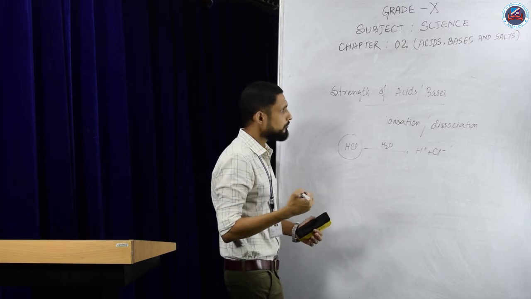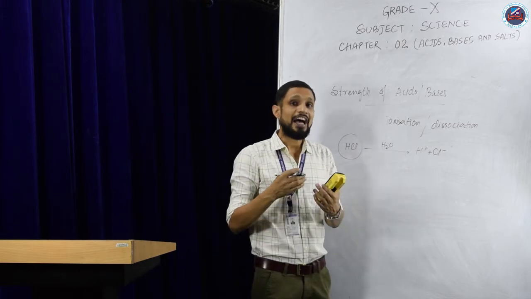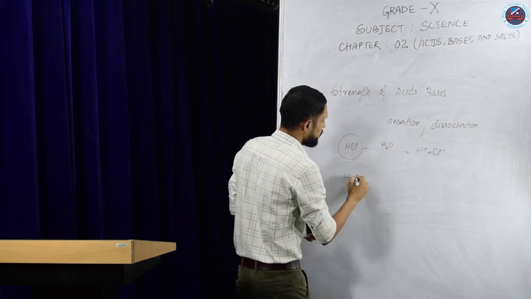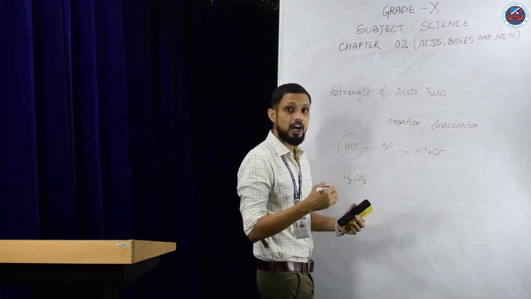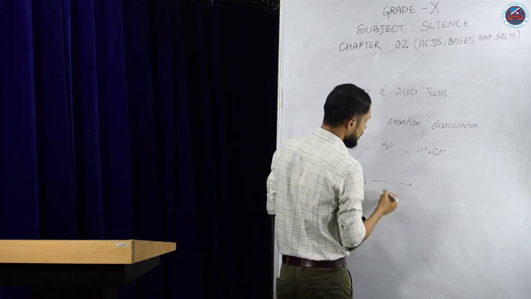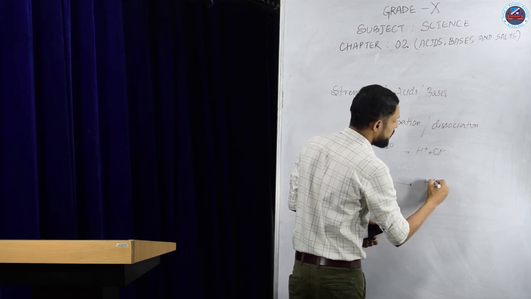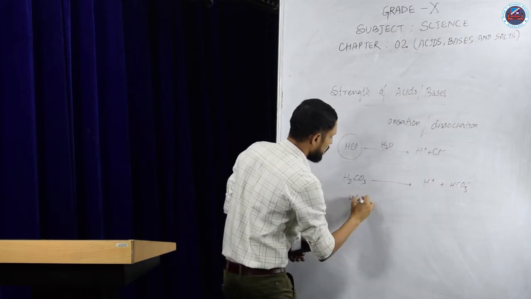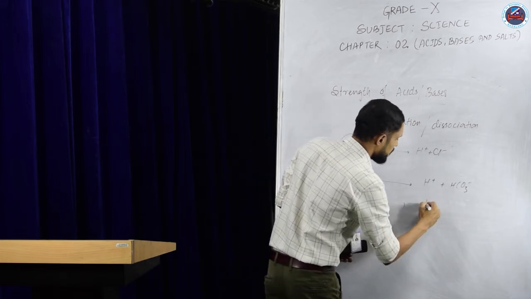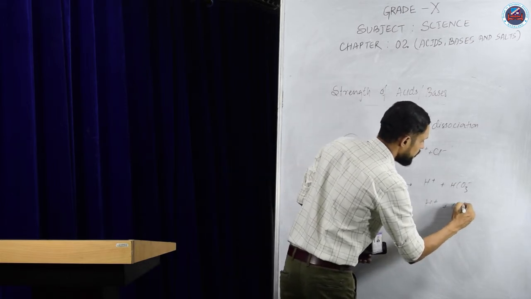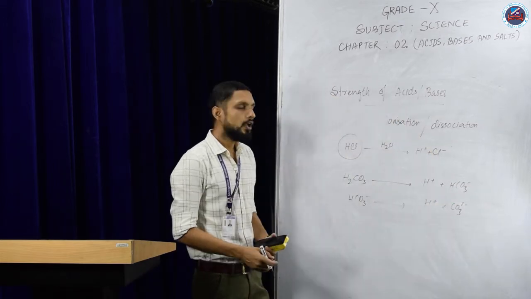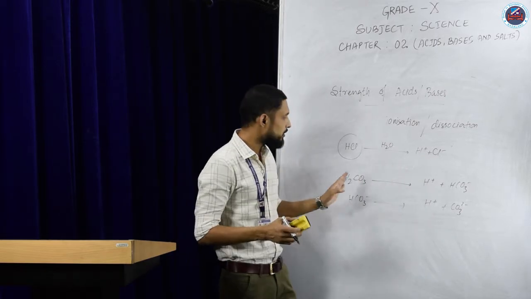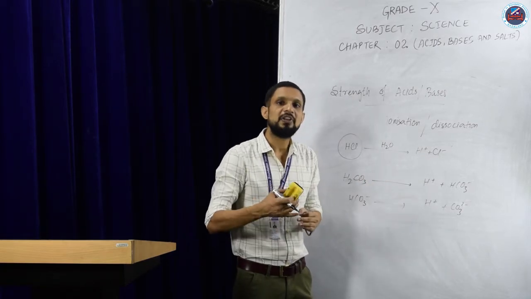Whereas the acid which undergoes partial dissociation, if you take H2CO3, which is known as carbonic acid, it will undergo partial dissociation. HCO3 will further dissociate into H positive and CO3 2 negative. Now when you study the solution of carbonic acid, you'll find it does not undergo complete dissociation.